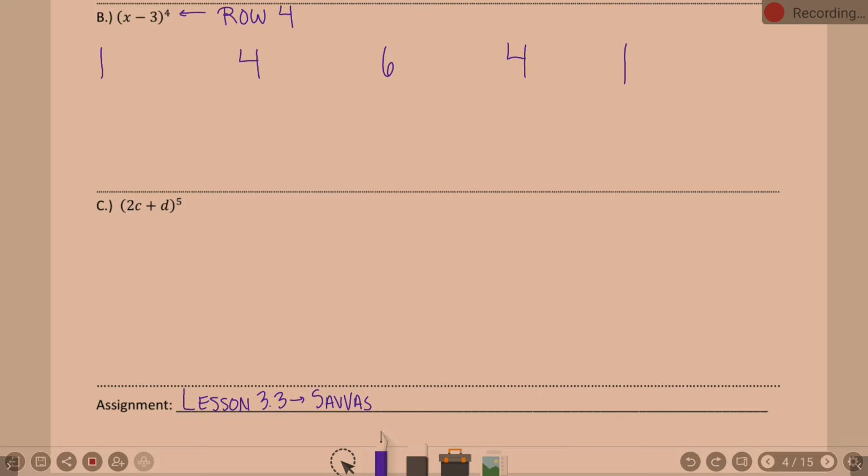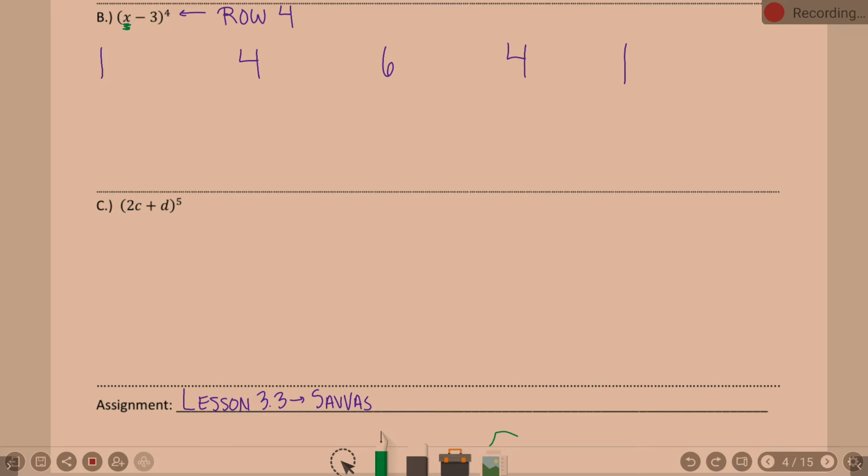So now, what's my A value? When I talk about the A value, what's the first piece in the parenthesis? X. What am I going to do with X? X to the 4.